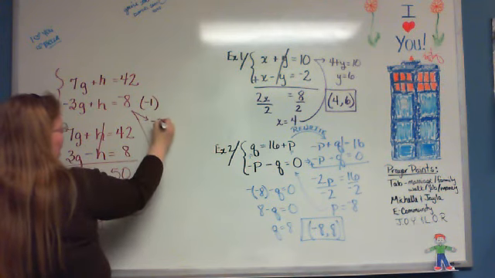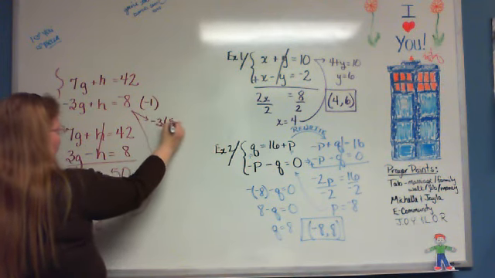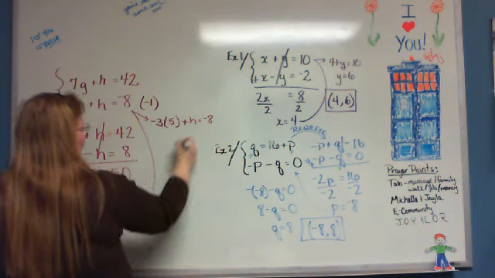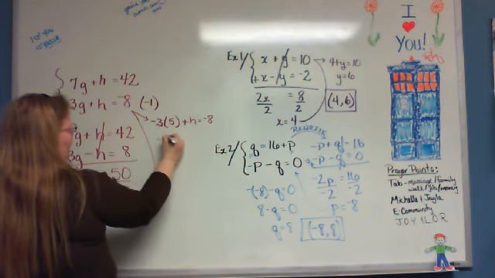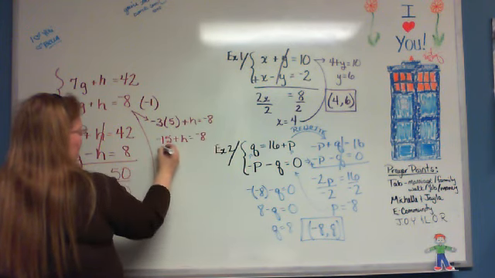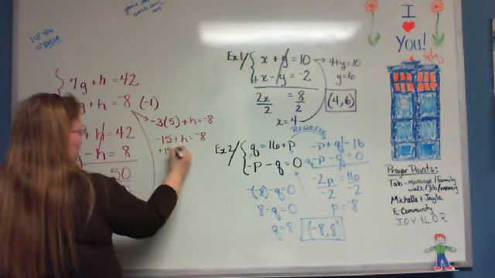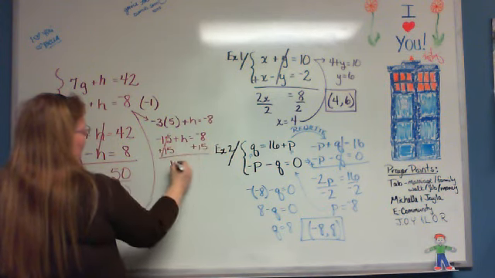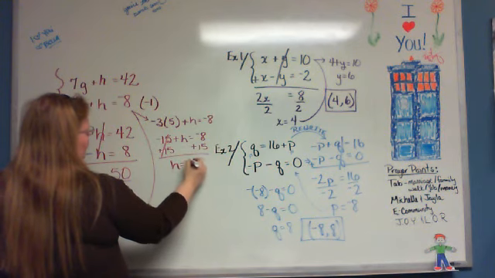So negative 3 times 5 plus h equals negative 8. Negative 15 plus h equals negative 8. And add 15 to both sides. And you get that h is equal to a positive 7.